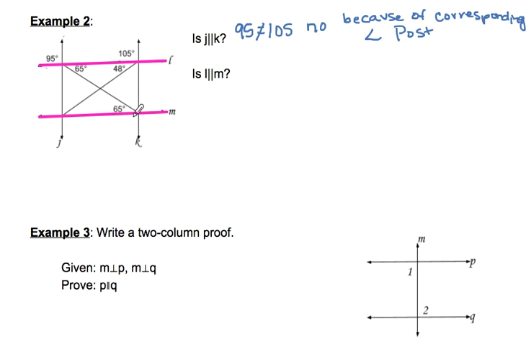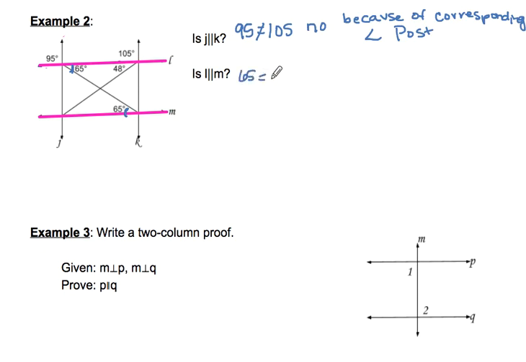So I don't really have a connection between this 48 and the 65, but I do have a connection between the two 65s. So if I want to figure out what kind of angle pair this is, they are inside the lines, so it's interior, and they're on opposite sides of the transversal, so that's alternate interior angles.